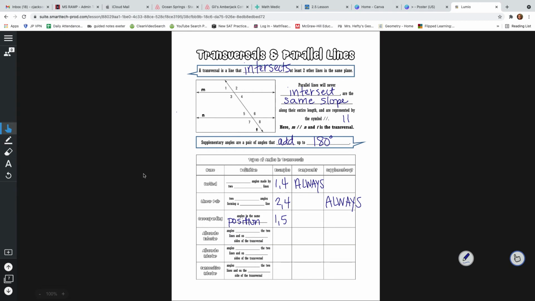Congruent. Because they're in the same spot, they have to be congruent. But you need to write if, don't write always: they're congruent if lines are parallel. So vertical and linear pair are always, but corresponding are if lines are parallel.